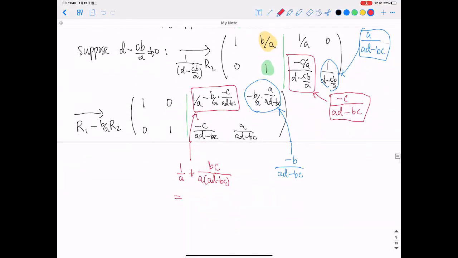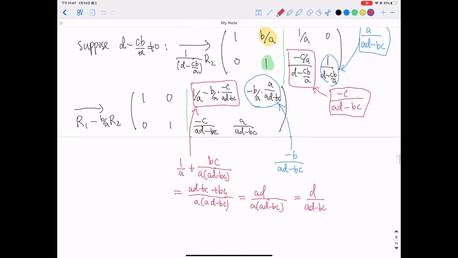So this is A times AD minus BC in the denominator, and in the numerator you have AD minus BC plus BC, which, as you can see, the two BC's cancel. Get AD divided by A, AD minus BC, which is D over AD minus BC.